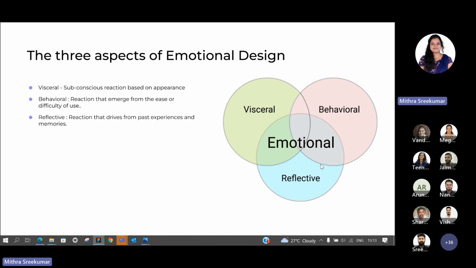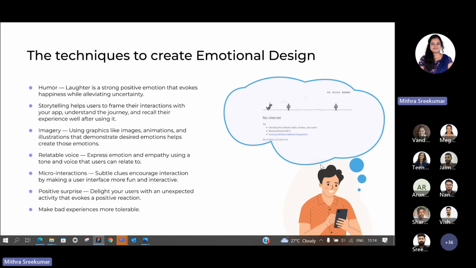While the visceral and behavioral levels depend more on the present interaction, the reflective level is more about keeping loyalty or trust to the application or interface. So these are the three major levels of emotional design, and by using these levels, we can create interesting emotional designs.